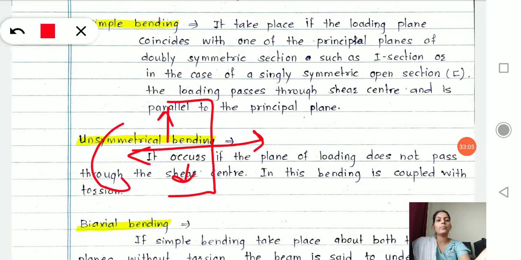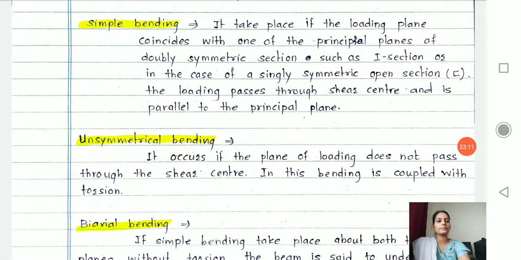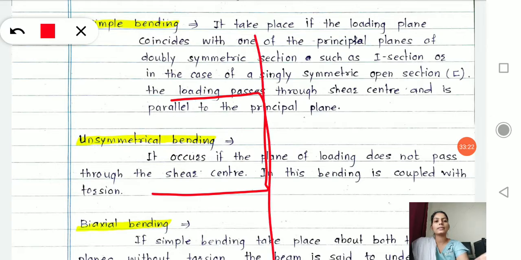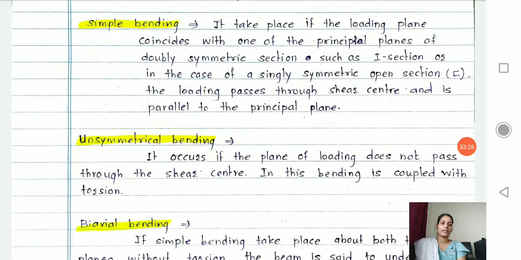This section is open from one end, so I said symmetrical open section, which I named C section or channel section. The loading passes through the shear center and is parallel to the principal axis plane. So the principal axis plane and shear center should coincide. In that case only, that section will give simple bending.